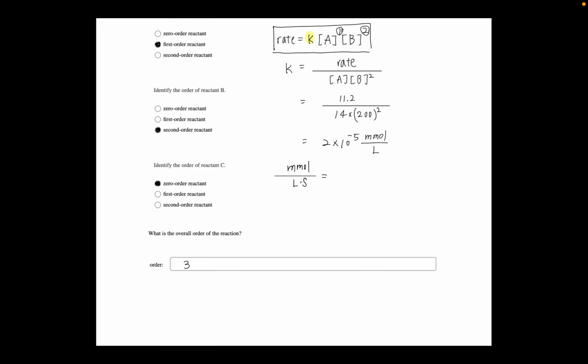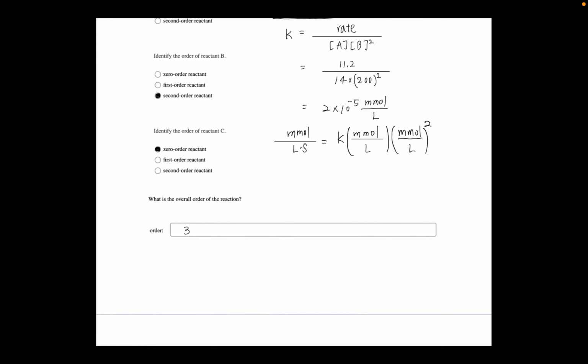We know that the unit of the initial rate is millimole per liter per second, because it is a given unit right here. Based on the equation up here, k times the concentration of A, which has units of millimole per liter, and the concentration of B, which is millimole per liter, but we need to square it. After putting these all together and simplifying, the unit of k is liter squared times millimole to the negative 2 power times second to the negative 1 power.